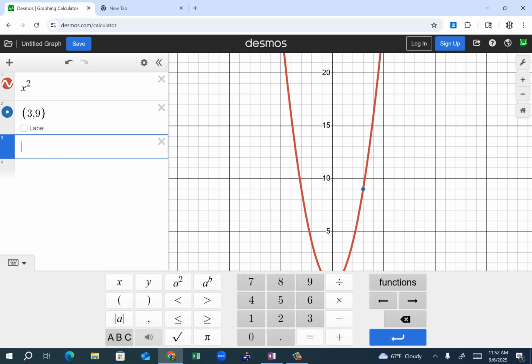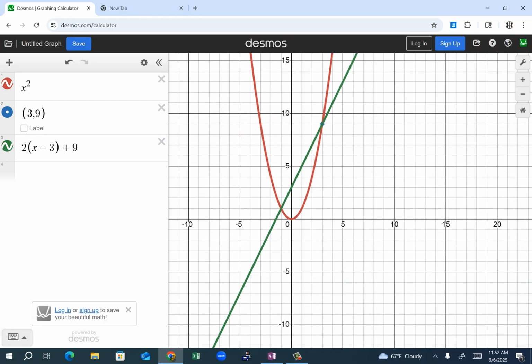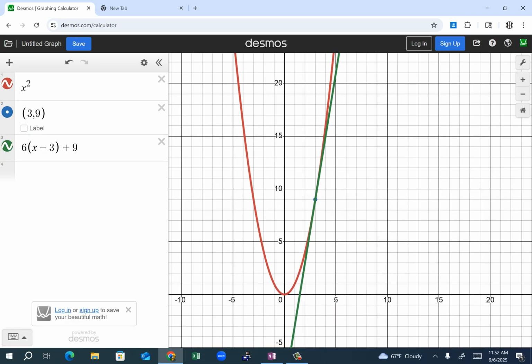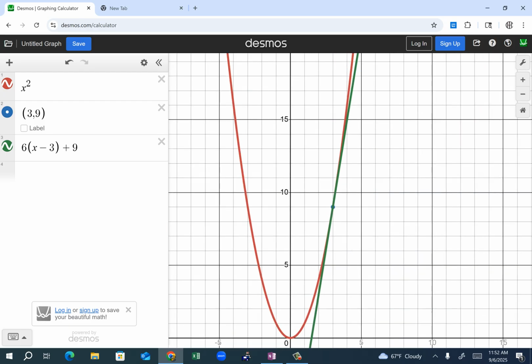What if I told you it was 6x - 9? Groom, it's like you're a genius. Well, I don't like to brag, but no, listen. That green line looks an awful lot like the red line, doesn't it? In fact, for quite a while, they match up with each other.